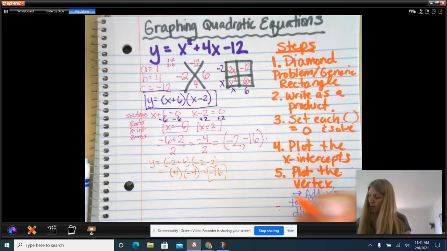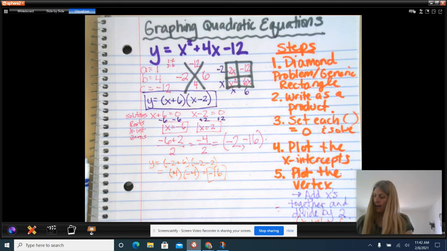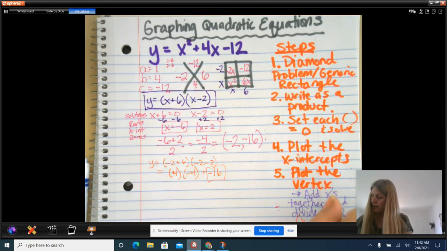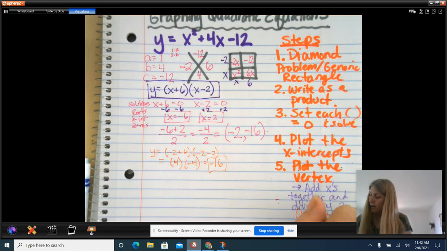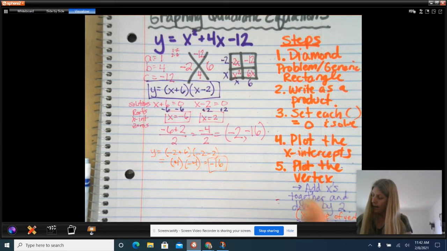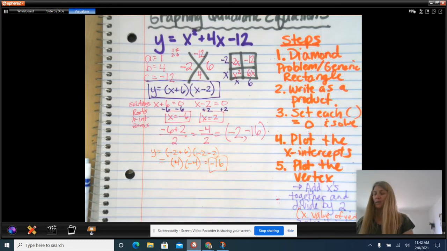And that is how we found the x value of the vertex. And then we plug it into the equation and solve for y. Okay, so that's how we get that vertex.